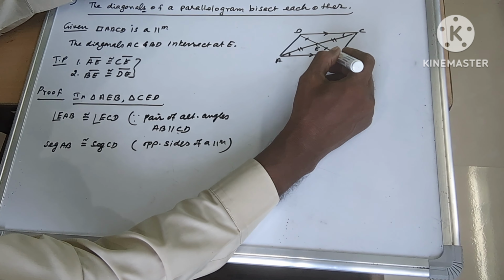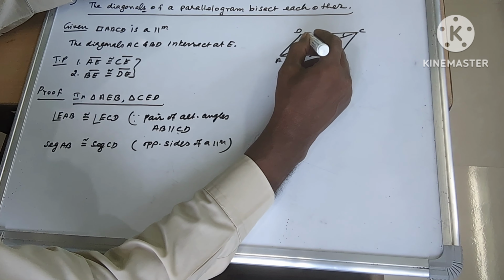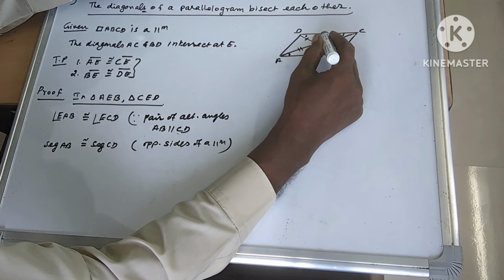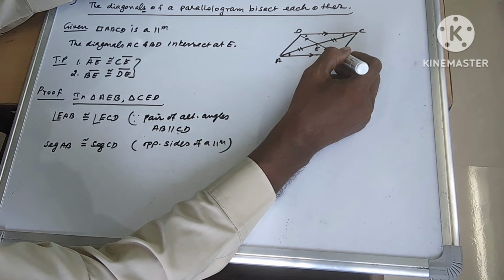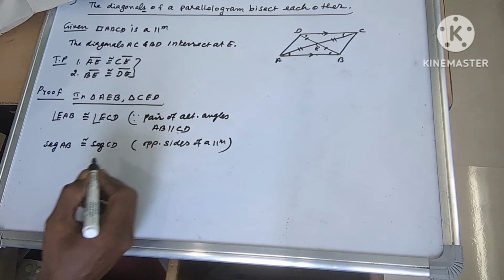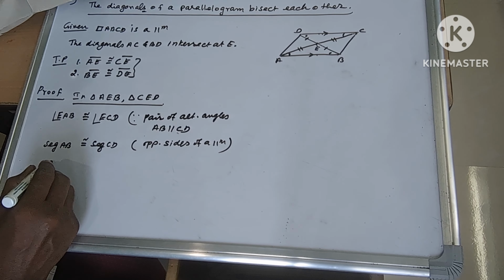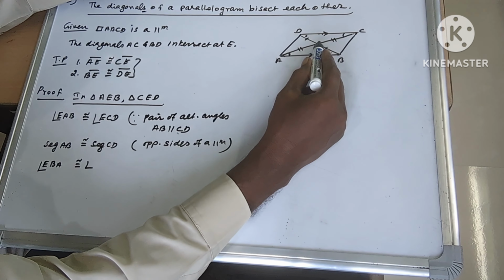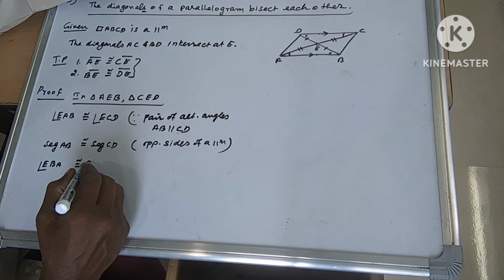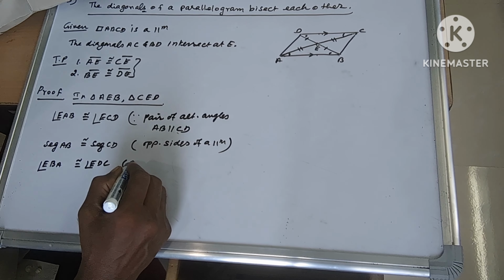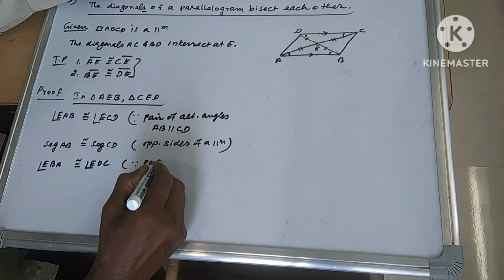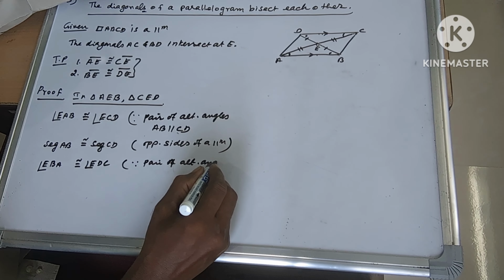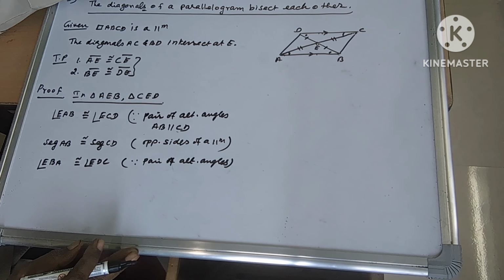Same way, this angle and this angle are also congruent because these two sides are parallel. This is a transversal. Angle EBA is congruent to angle EDC. A pair of alternate angles.